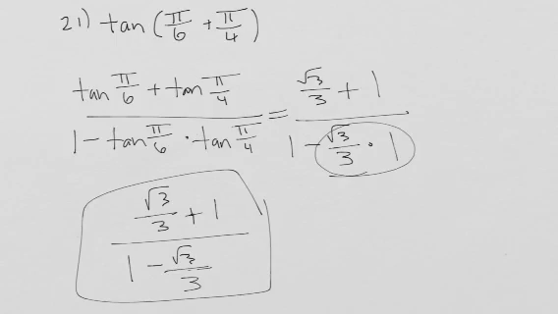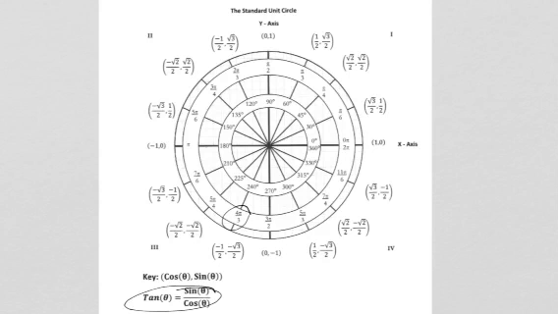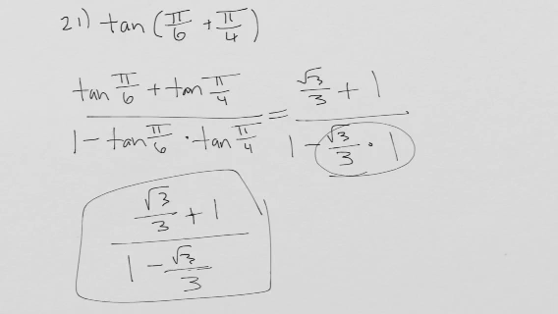So again, if I look up tangent of 4 pi over 3, that's to take the sine answer at that location, divide it by the cosine answer at that location. If you're curious and you couldn't find 4 pi over 3, it is down here. This is where I'm getting my answers from.